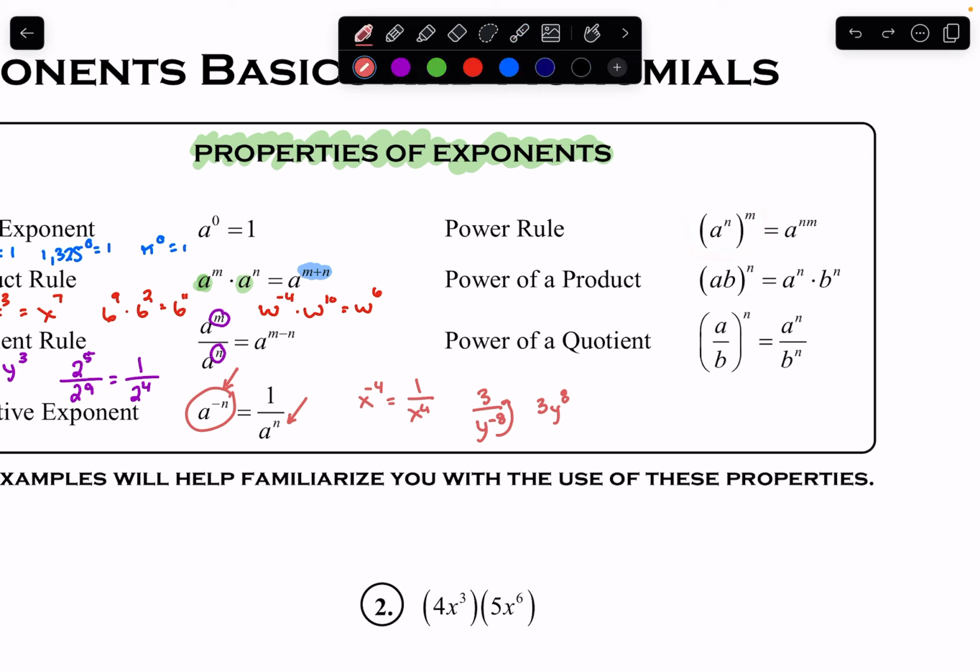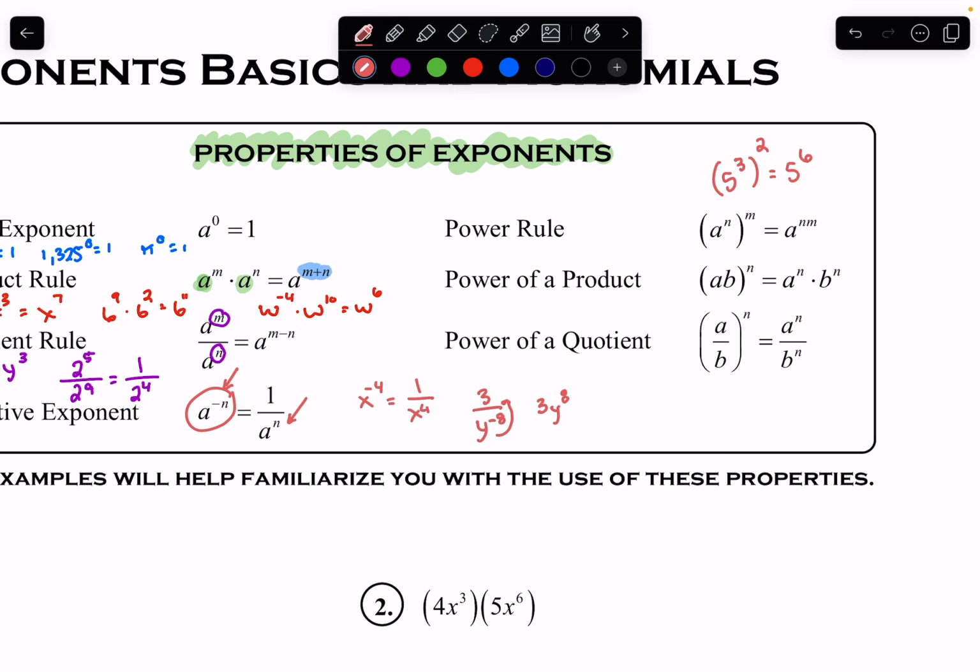So for example, this would be like if I have 5 to the 3rd power, and then I have another exponent on the outside of the parentheses. So if I have an exponent and I'm combining it with another exponent, so I have two exponents at the same time, then I multiply those exponents together.